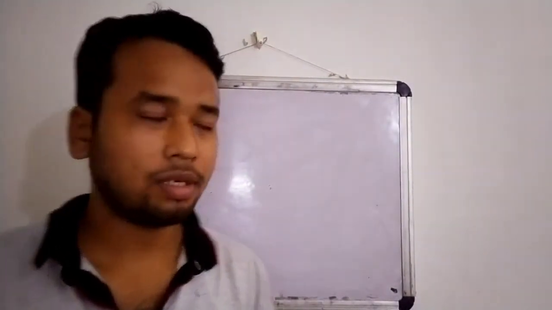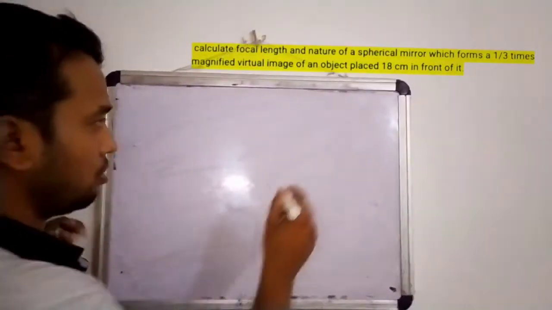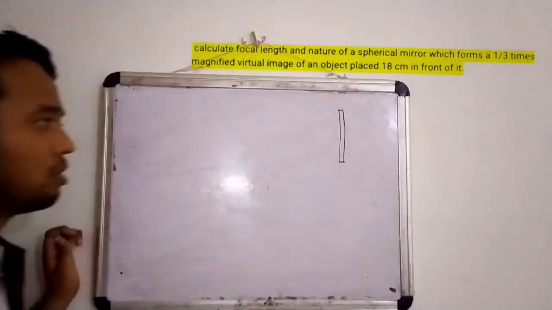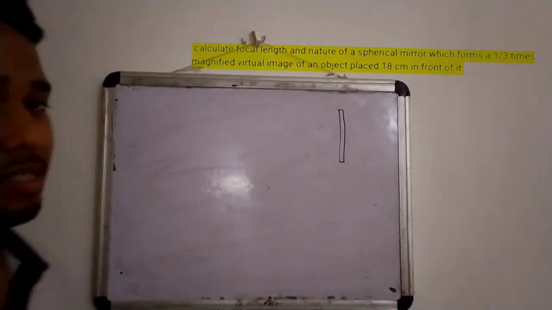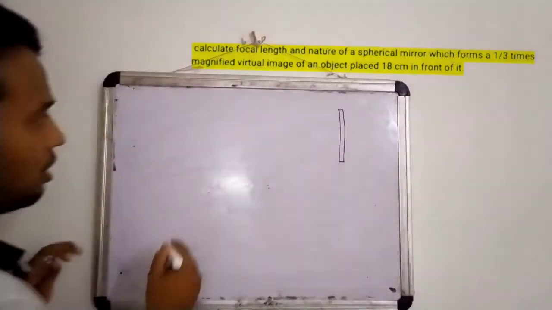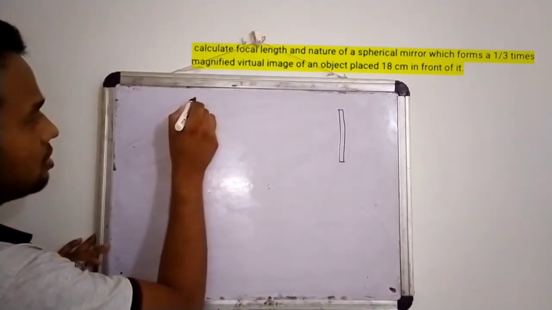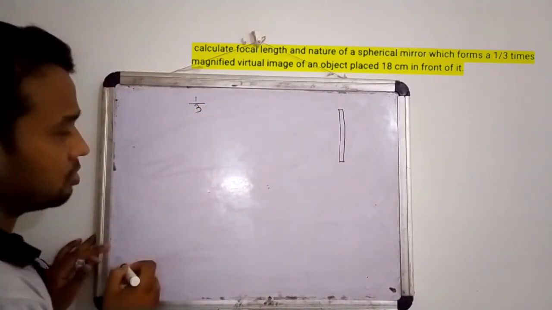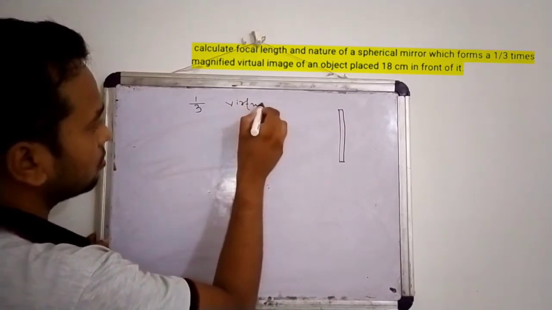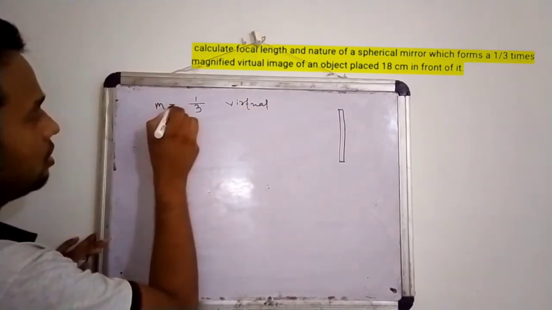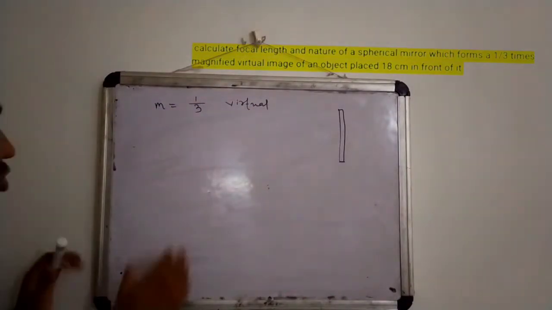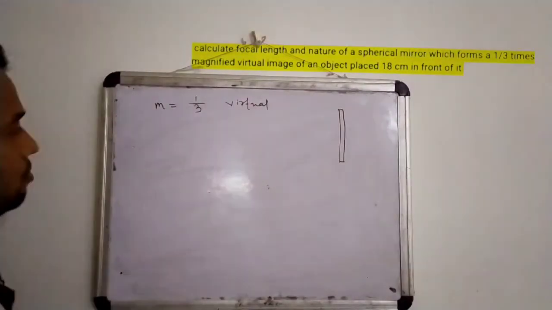Our next question is, we again consider a spherical mirror. In the question it is not given whether it is a concave mirror or convex mirror. But it is given that this mirror produces a 1/3 times magnified image, and the image is virtual. From this statement, what can we know?